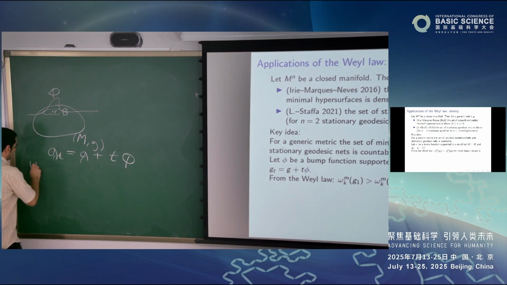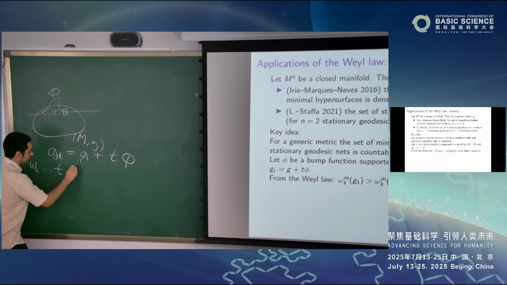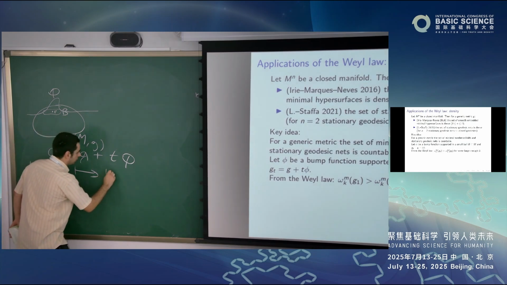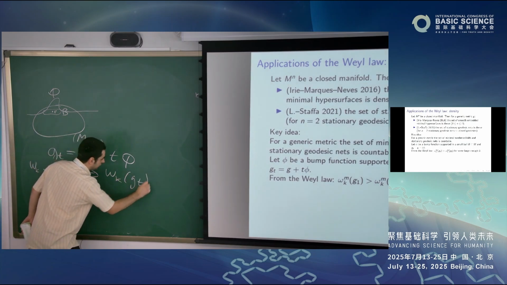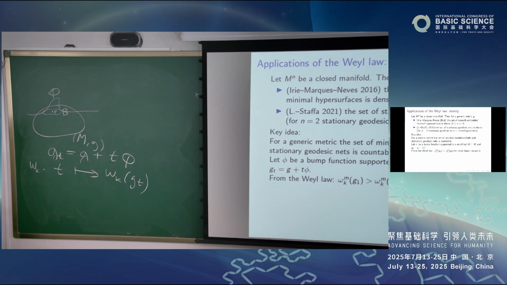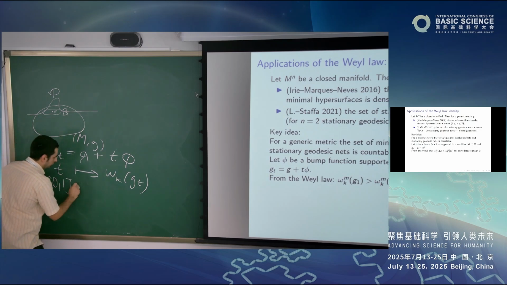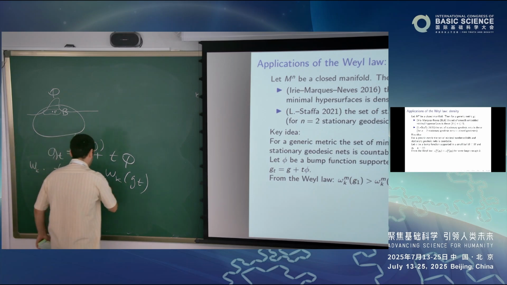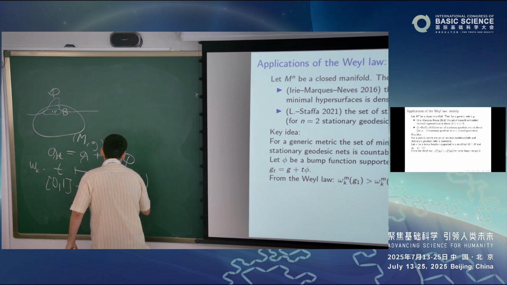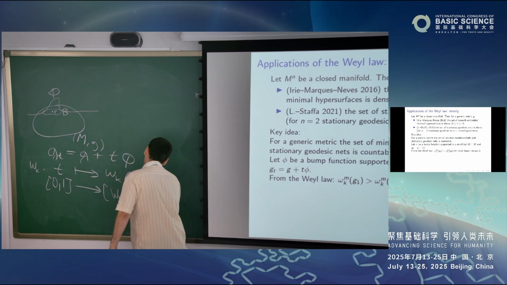Now it takes t and it sends it to w_k(g_t), right? So that's going to be a map from [0,1] to this interval [w_k(g_0), w_k(g_1)].